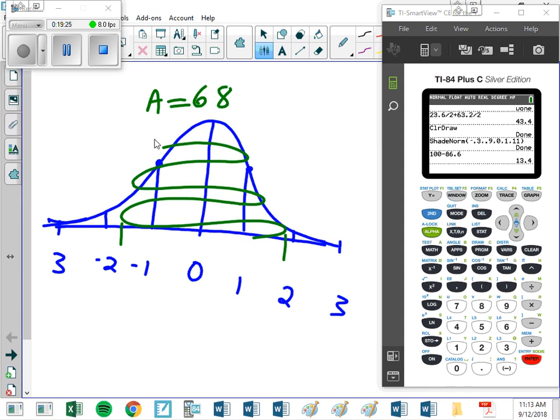Okay, what if that central area for the next one is 75? What do I have to do? You have to kind of reverse engineer it. Instead of using a z value to look up an area, now we look at an area to find a z value. So I go to our table, area 75.